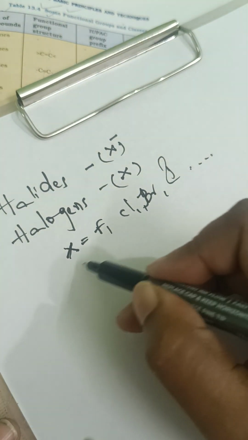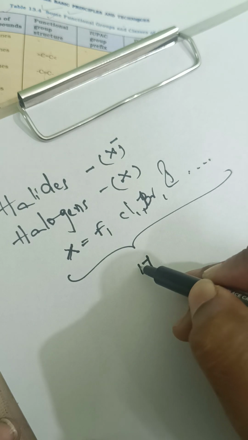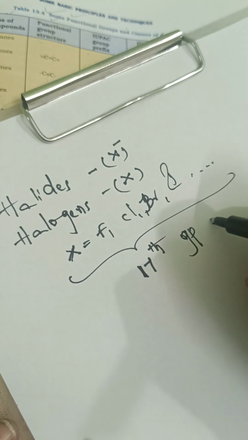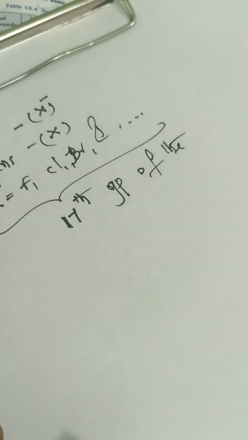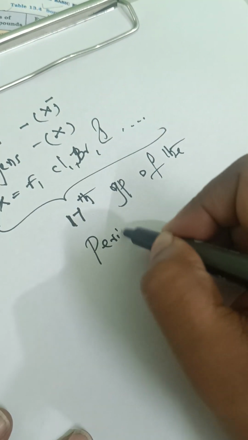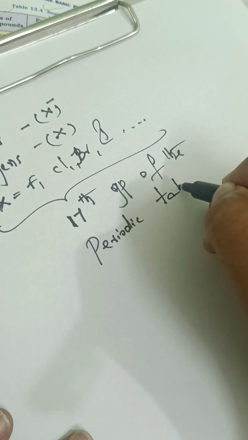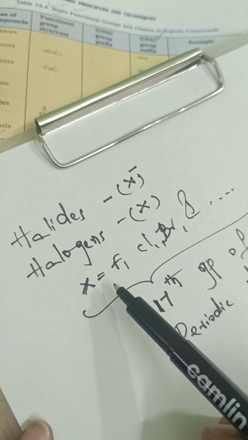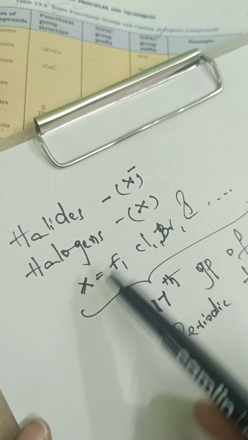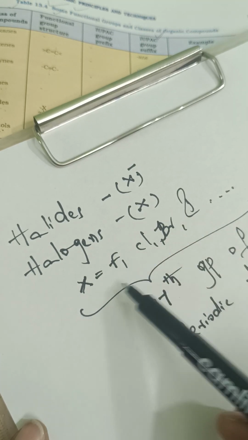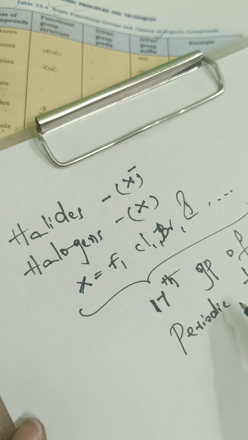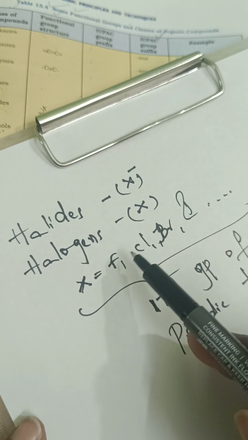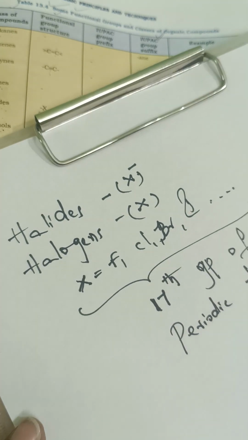These halogens are present in the 17th group of the periodic table, and are represented with the symbol X. So what are those halogens? Fluorine, chlorine, bromine, and iodine. The remaining are also there.